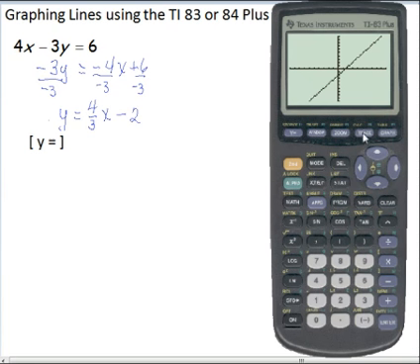If we hit the trace key, it'll give us our y-intercept. It kind of goes to the middle, which is 0, negative 2. And as we move the x values to the right by hitting the right arrow, we'll see some awful looking decimals. And if we move to the left, the same thing happens.